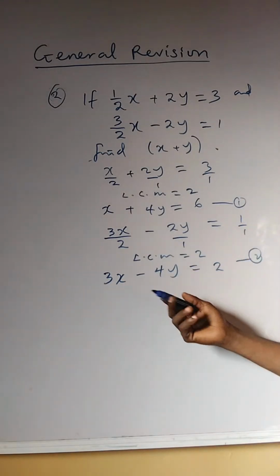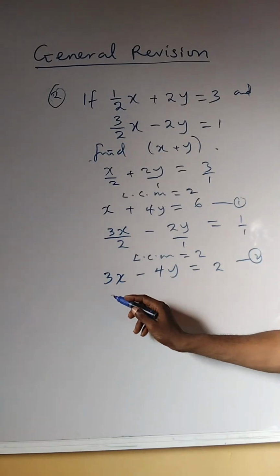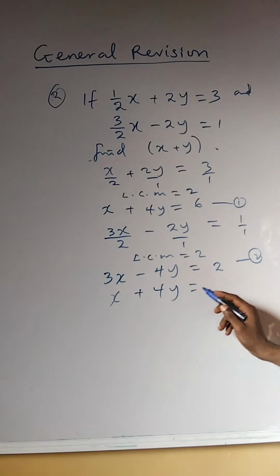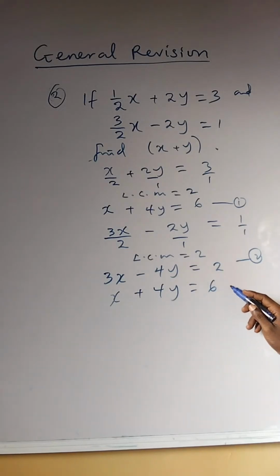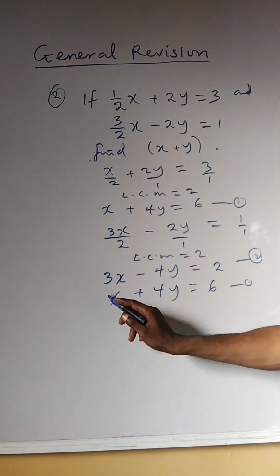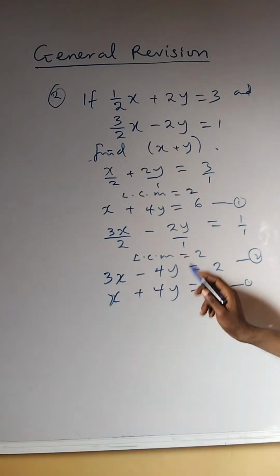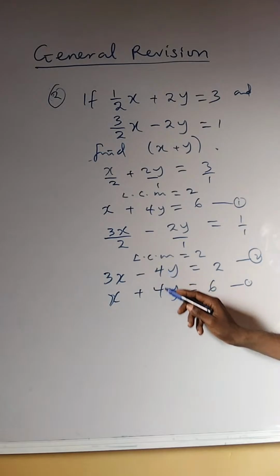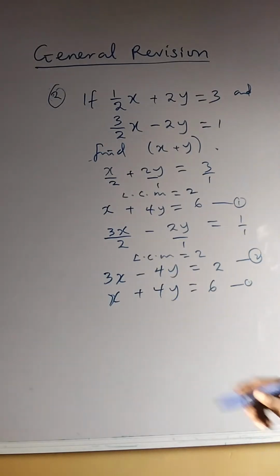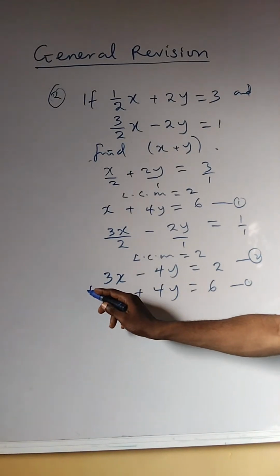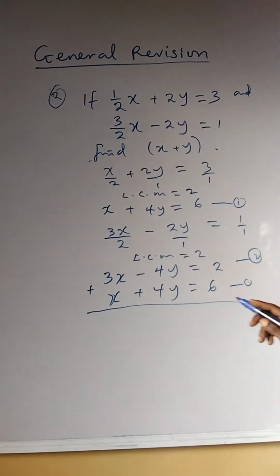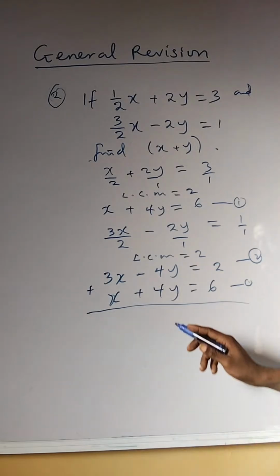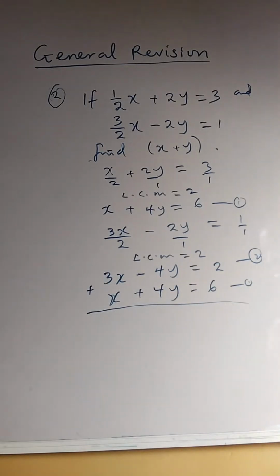You can bring equation 1 under this, and we have x plus 4y equals 6. This is our equation 1 actually. So let's eliminate y because it's easier to eliminate y here. It has 4 as a coefficient. When the signs are different, this is minus, this is plus, to eliminate it we should add.